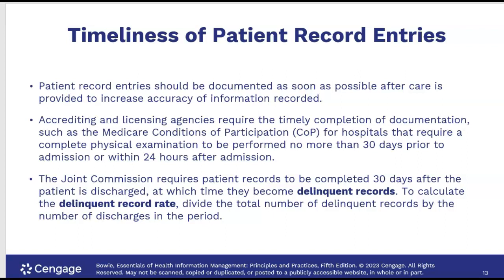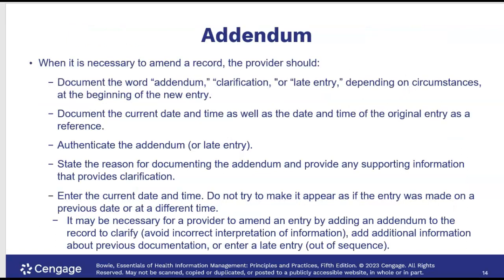The Joint Commission requires patient records to be completed 30 days after that patient is discharged. After that time they can become delinquent records, and then you would have to calculate the delinquent record rate. You would divide the total number of delinquent records by the total number of discharges in that period.